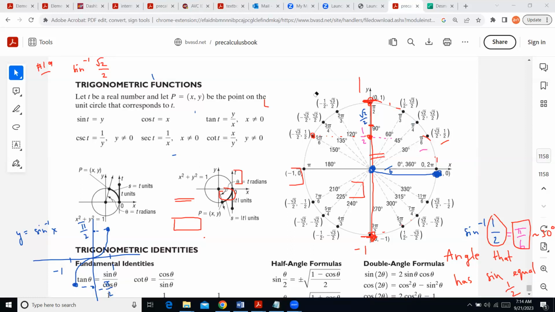We want to find the angle that has its y coordinate, or sine, equal to square root 2 over 2. So it's pi over 4, of course. So arcsine is pi over 4.